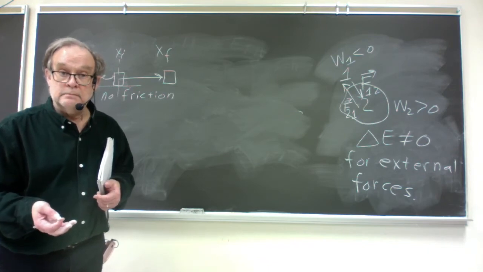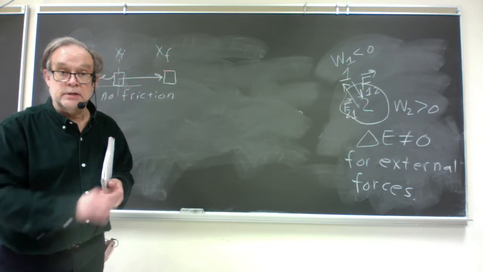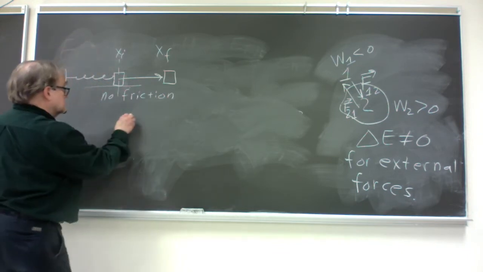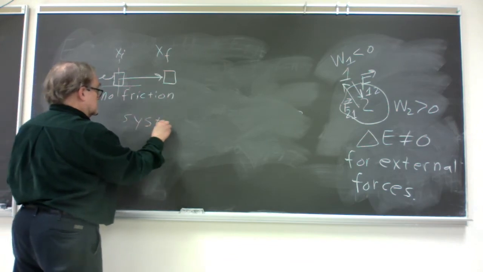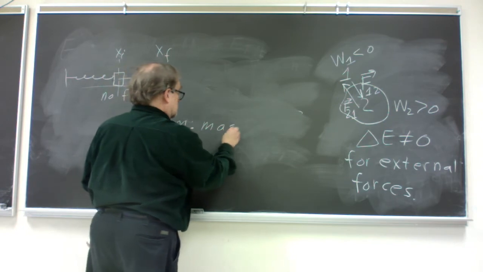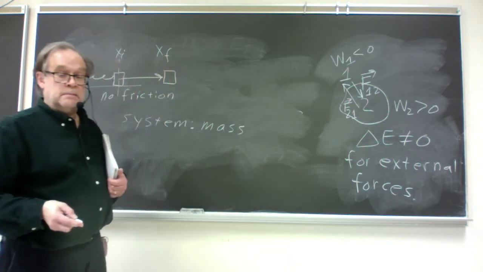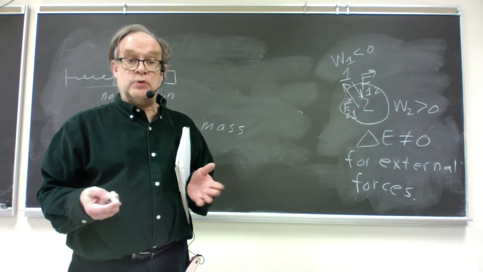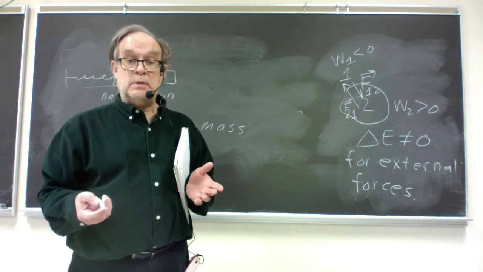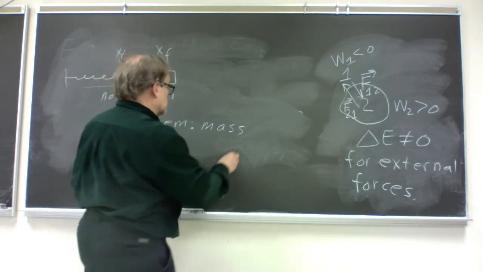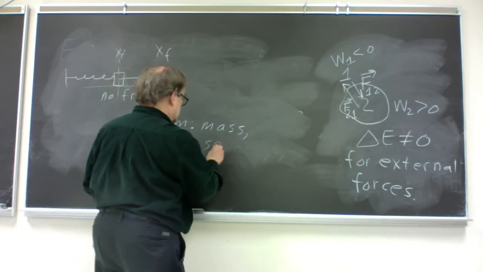Anything moving has to be included in the system, and the mass moves. So that's part of the system. And any elastic object that gets stretched or squeezed has to be part of the system, and the spring is getting stretched, so that'll be part of the system.